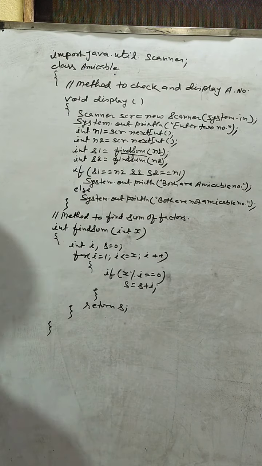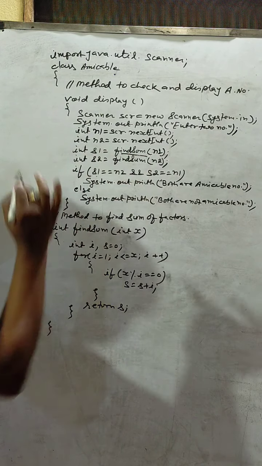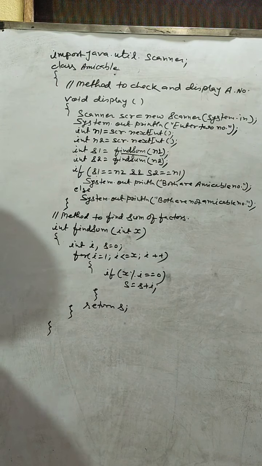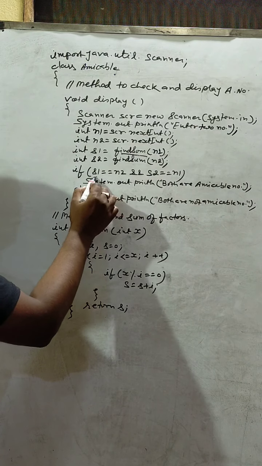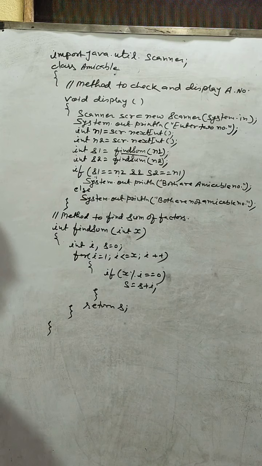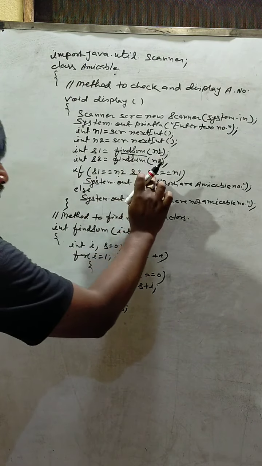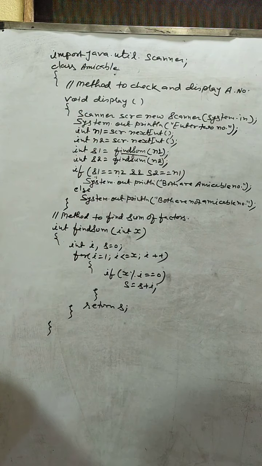Now check the condition. If S1 equals N2, that means the sum of factors of the first number is equal to the second number, and S2 equals N1, meaning the sum of factors of the second number is equal to N1.